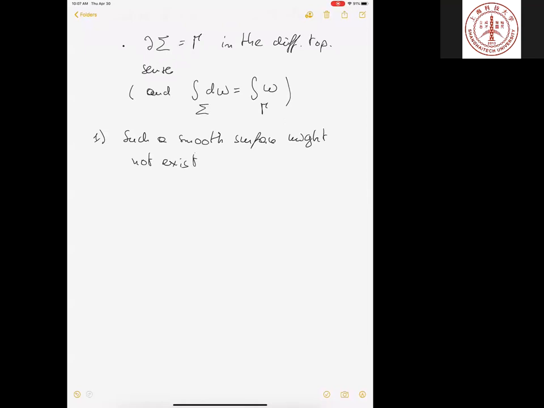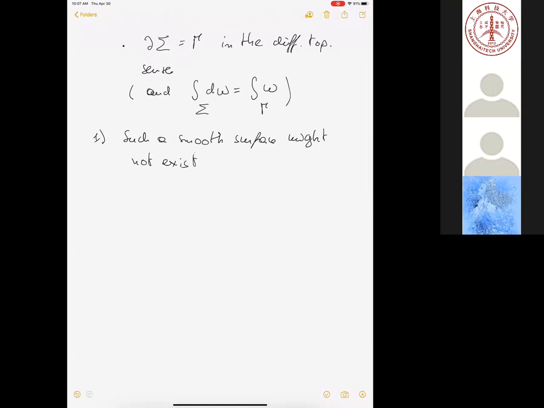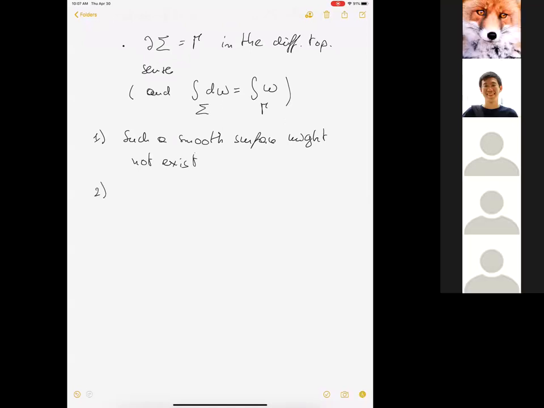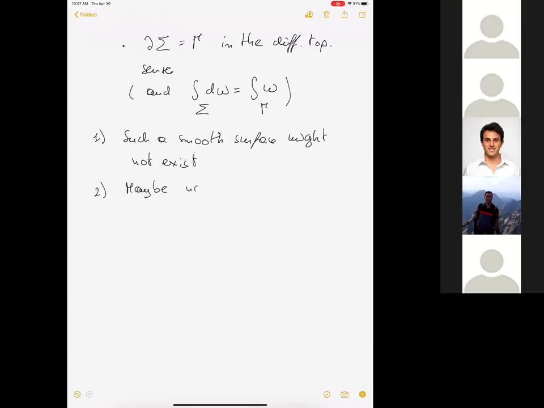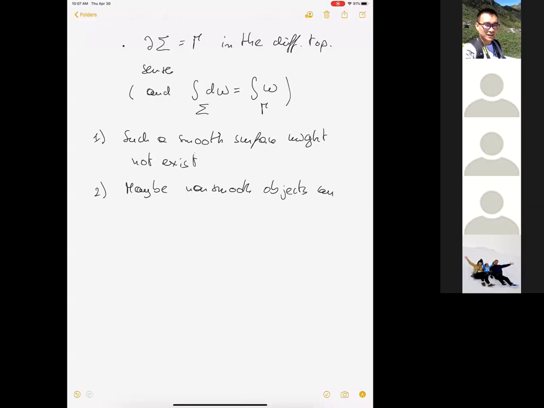And you can also raise the point, okay, maybe such a smooth minimizer exists, but if I allow slightly more non-smooth objects, maybe there is a non-smooth object which actually has less area than the smooth one. Maybe non-smooth objects can achieve less area.